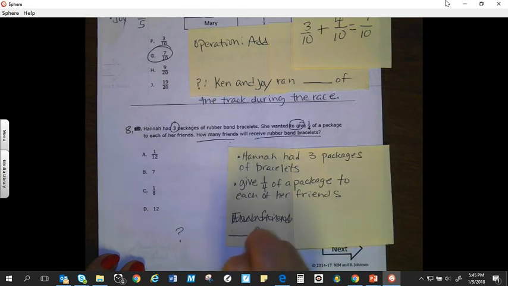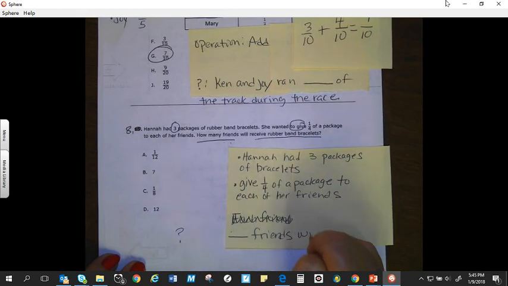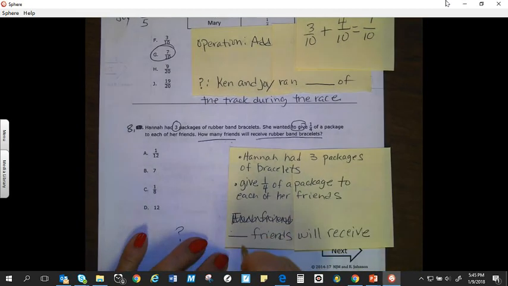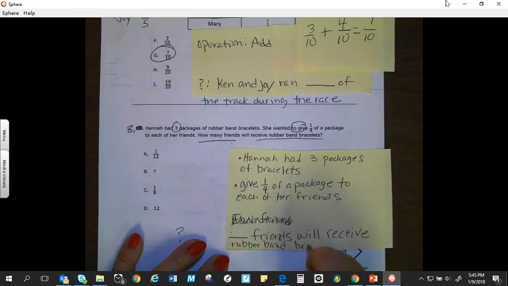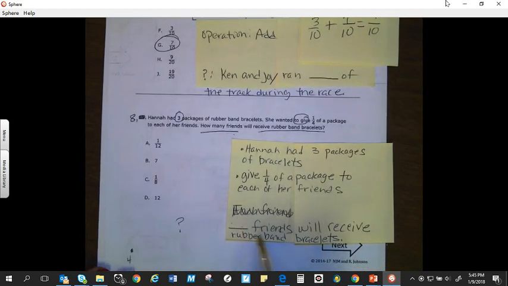Blank friends will receive rubber band bracelets. So is it going to be 2 friends will receive it, 3 friends will receive it? So we're going to be having a whole number.